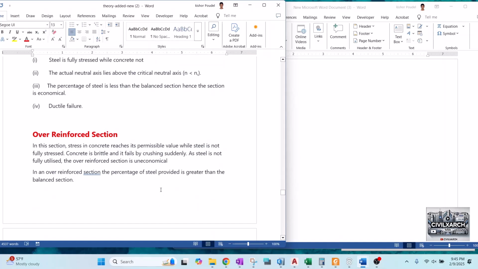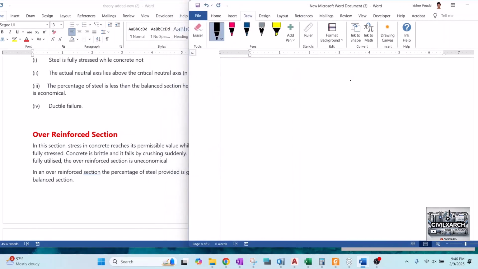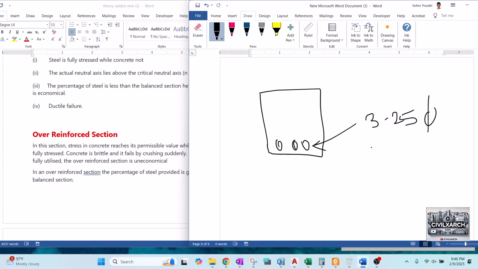The last one is the over reinforced section. What does that mean? An over reinforced section means a section has more reinforcement than is provided for the balance section. In that example, the provided reinforcement might be 3-25 bars, whereas for under reinforced we provided 3-16, and for the balance section it is 3-20.